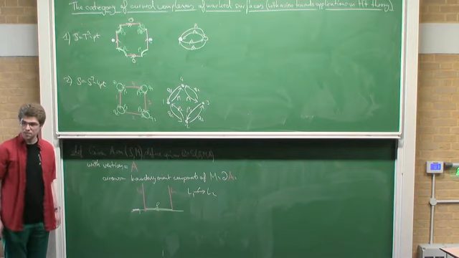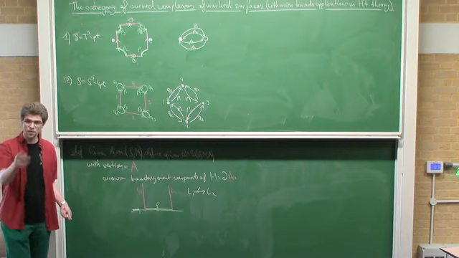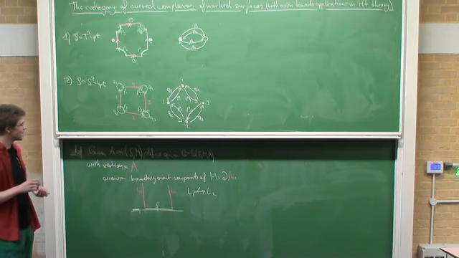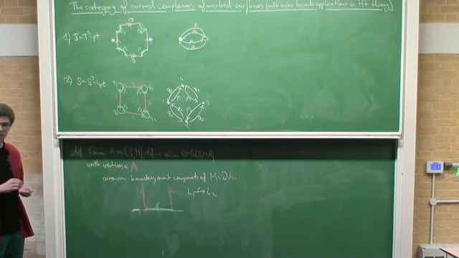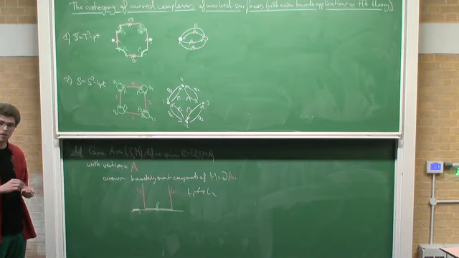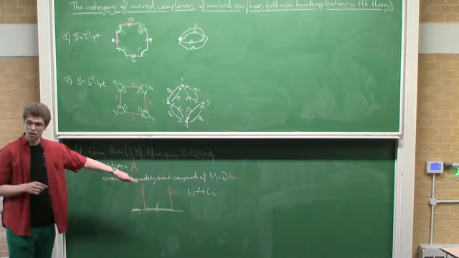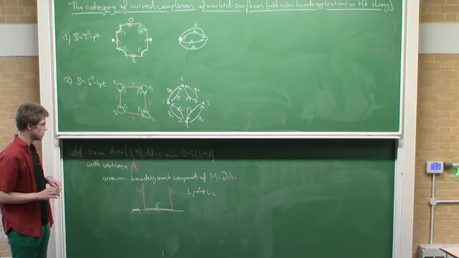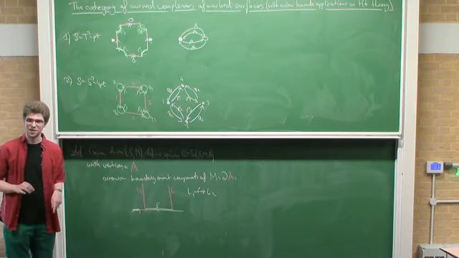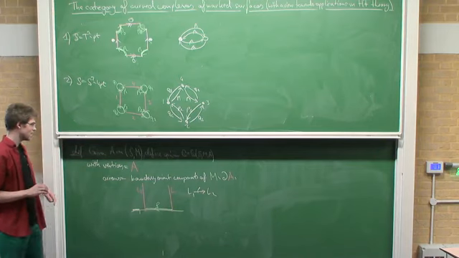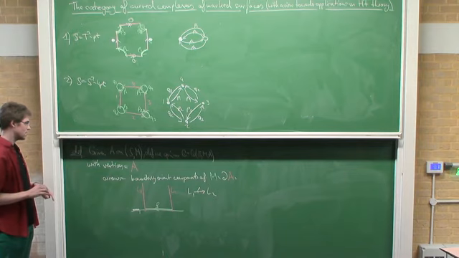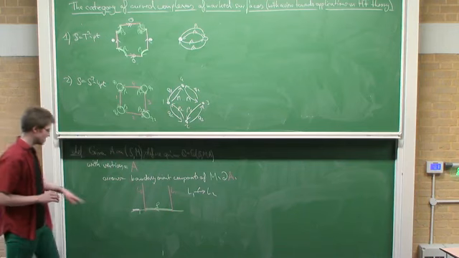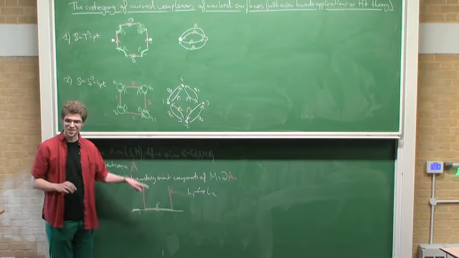So if M is just a line, then if there are no arcs, I just ignore that. I didn't say that here. You only orient the components of M minus the endpoints.